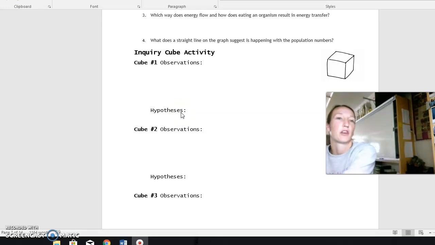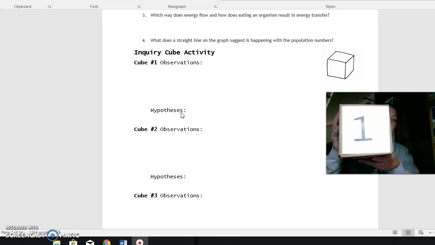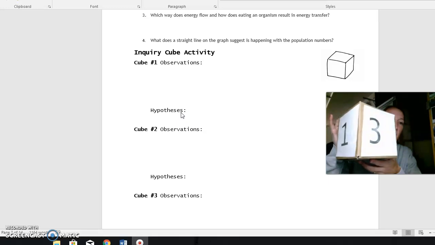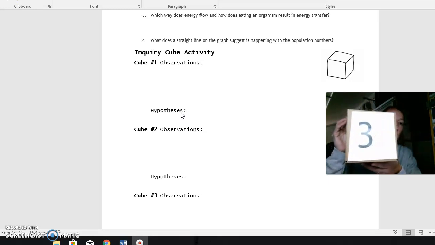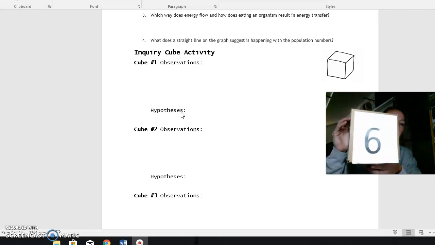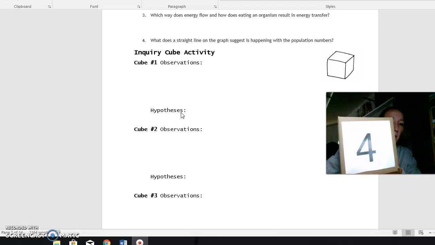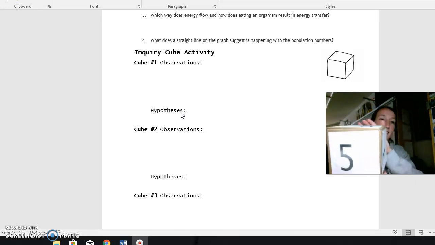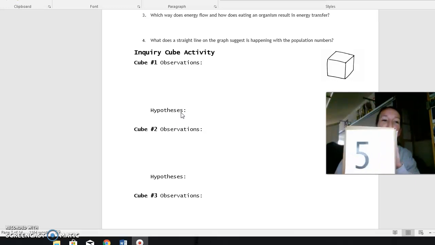So here's the first cube. On one side you have a 1, so you want to write this stuff down, because I'm only going to show you the one time. On the other side you have 3, 6, and a 4. Okay, 1, 3, 6, 4. And then the top is a 5.